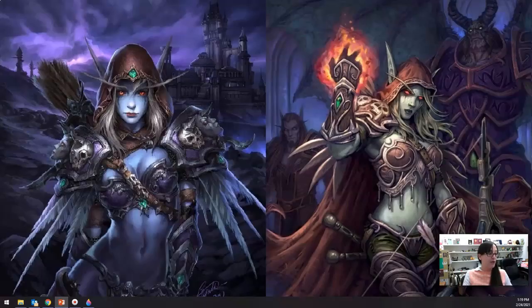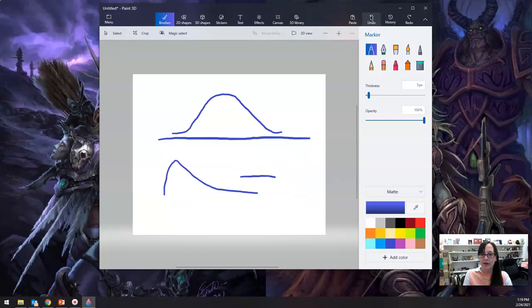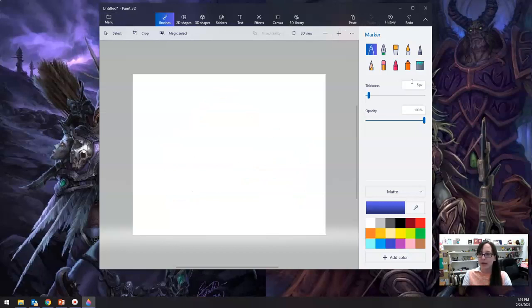Let me draw those quickly for you so you can see. Again, our mesokurtic is going to look like that nice bell curve, a little more perfect than what I draw there. Then you have the leptokurtic, which looks like that, with more peakedness.